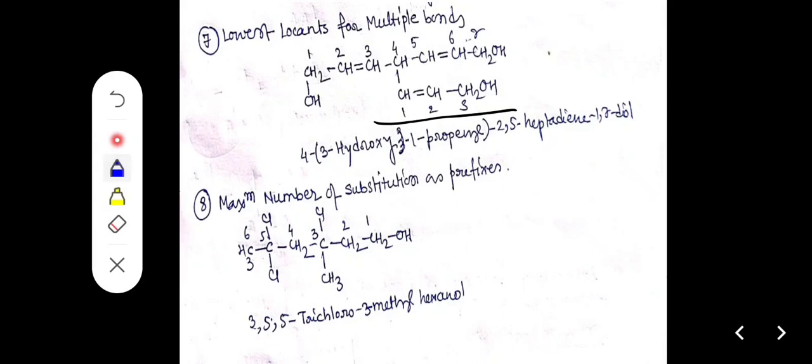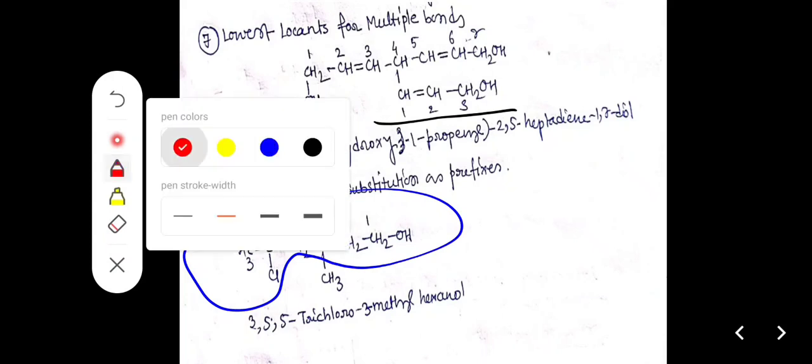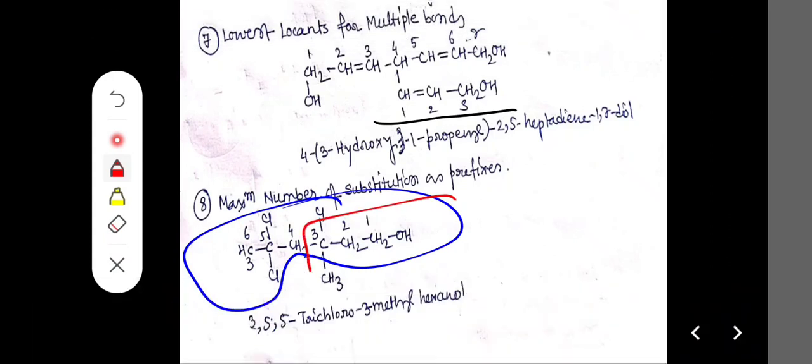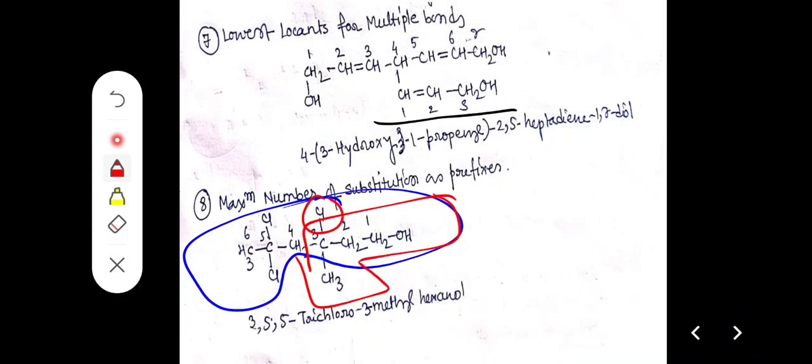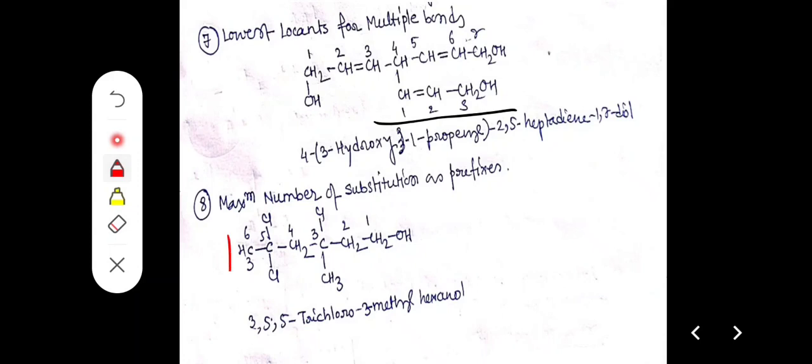In that case, the chain having 4 substitutions should be considered the main chain. If we consider this other chain, it has only 3 substitutions, so it is not the main chain. So we consider this as the main chain.